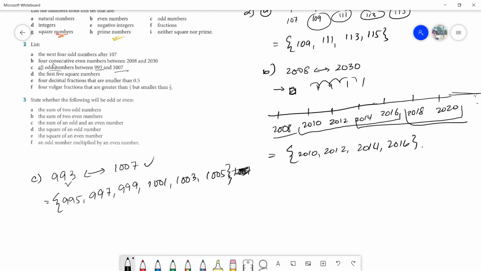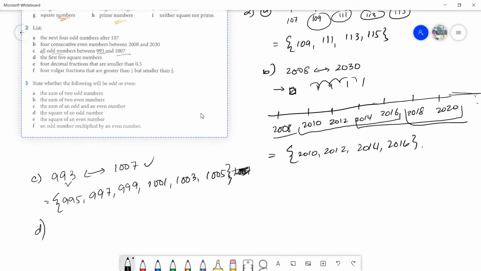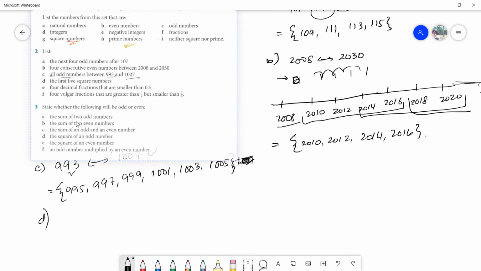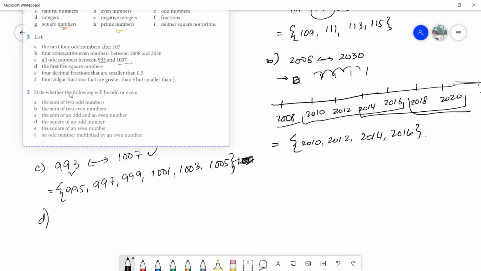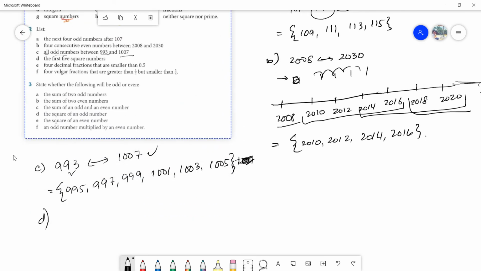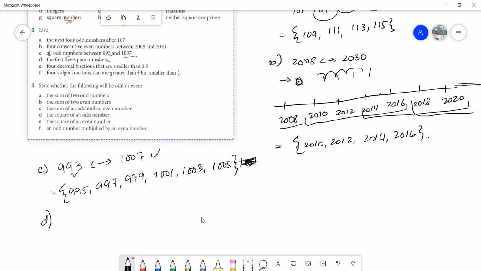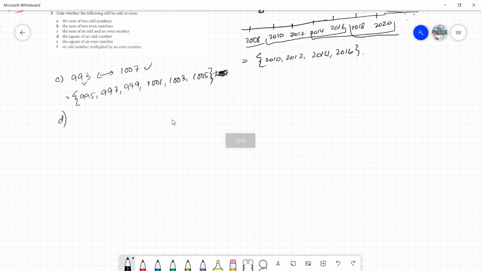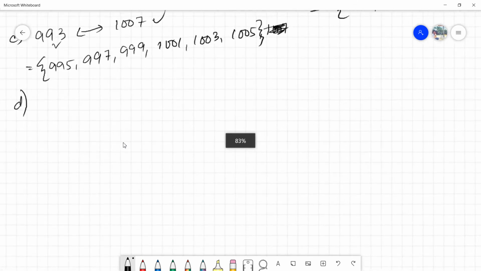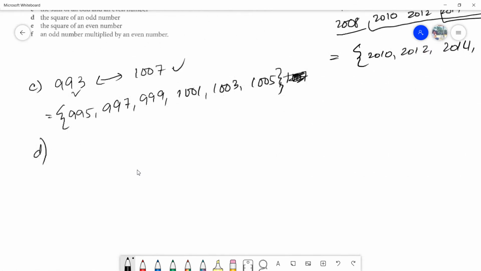Okay, question D. It says the first five square numbers. That should be pretty easy. We are just going to write like this.